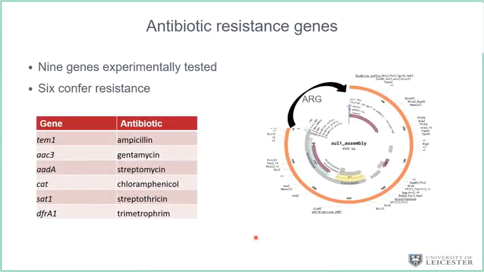And what Slav did was to actually test a range of different genes. So from the predictions he had of different antibiotic resistance genes, he took each of these individually and he expressed them in a plasmid that we produced in E. coli. So we fitted each one of these into this particular region and then looked at constitutive expression of them.